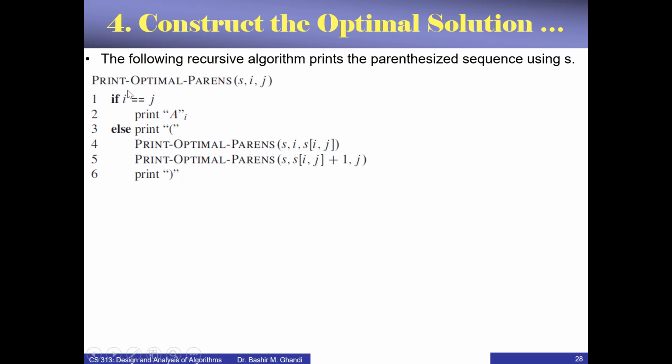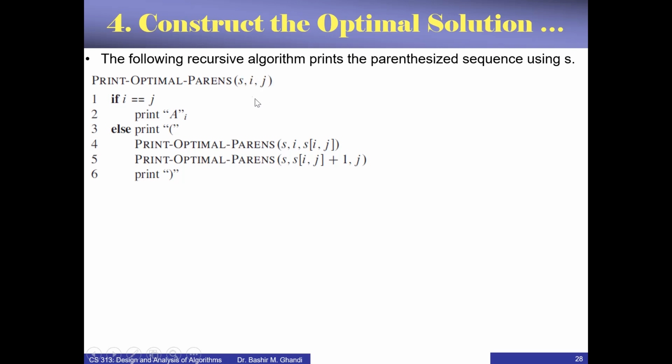It's called print optimal parens, meaning print the optimal parentheses. The input for the algorithm is the array S and i and j, meaning for which subproblem you are trying to print the parentheses.